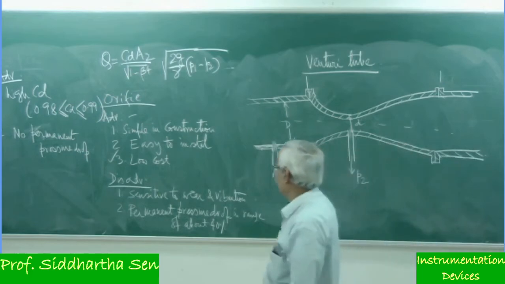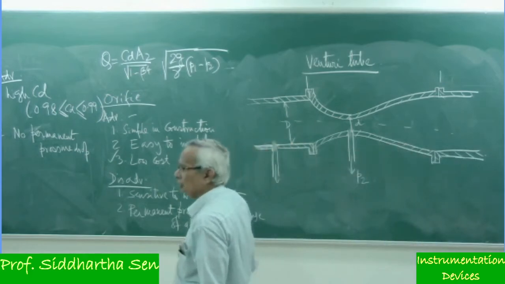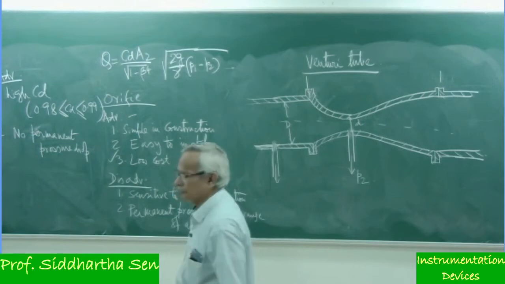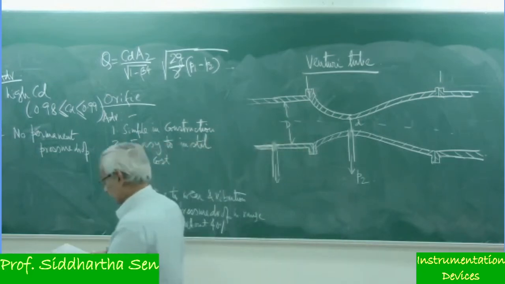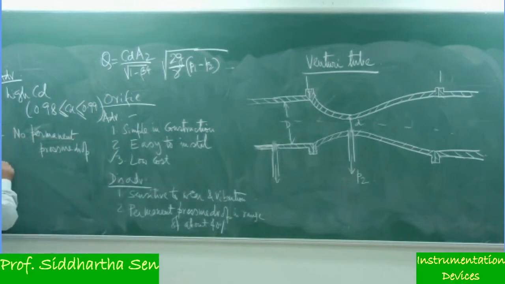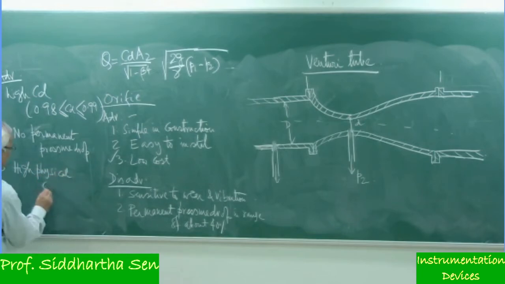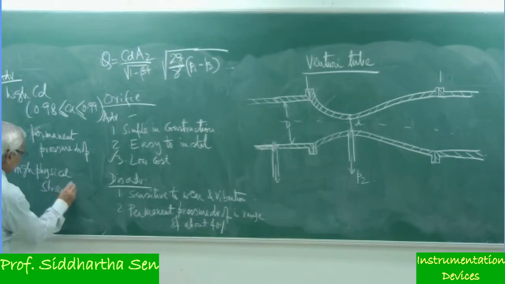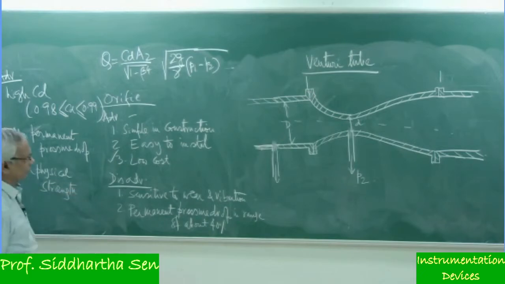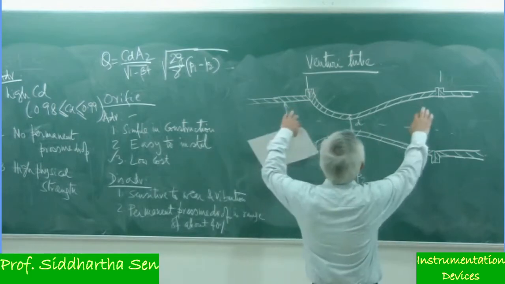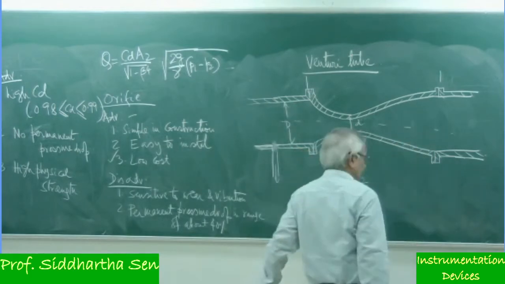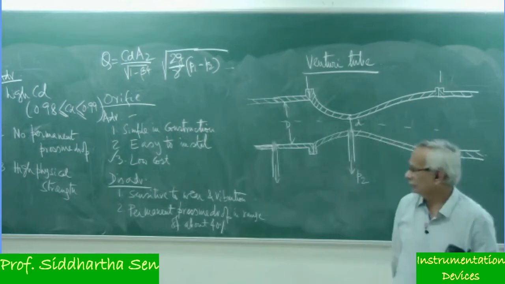So the permanent pressure drop problem, which was a big problem for us with the orifice, is now overcome here. And the third one is high physical strength. Because it is not fragile like the orifice, it is a concrete tube, and it has high physical strength.